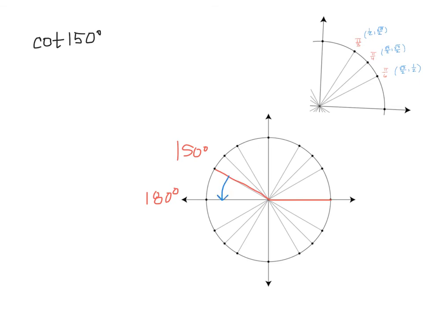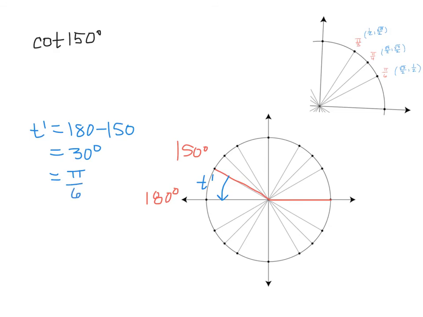Okay, we want to find that angle measure. So t prime is going to be the difference between 180 and 150. So t prime is 30 degrees, which in terms of radians is pi over 6.